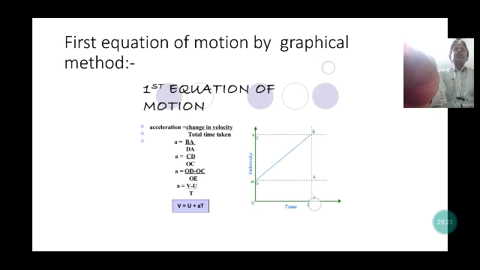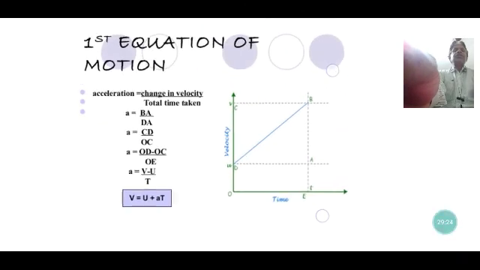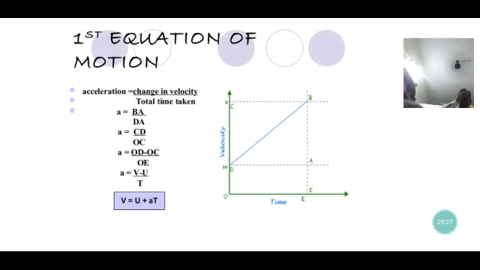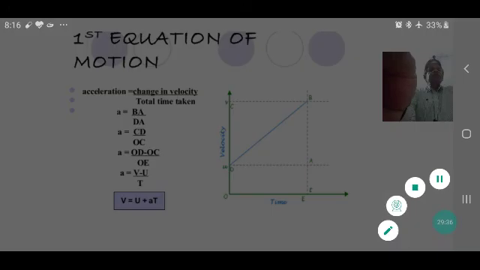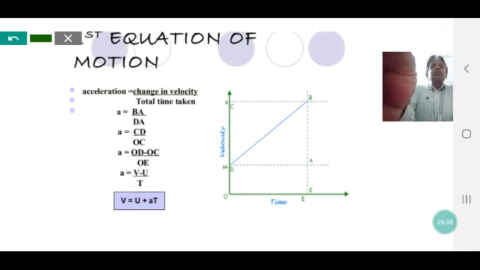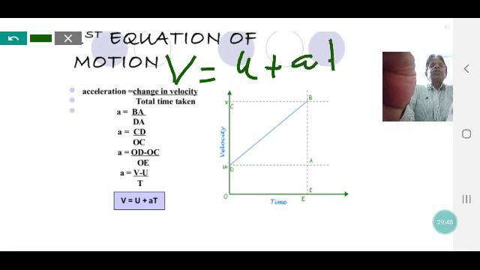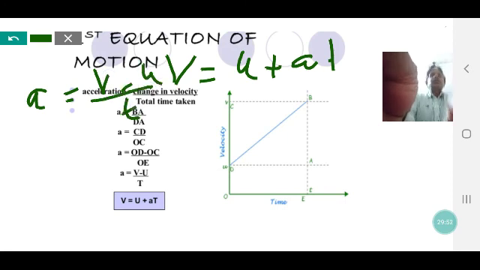In the next slide, on the basis of the velocity time graph, there are 3 important equations of motion that may be calculated. Here, the first equation of motion is V is equal to U plus AT, or we can also say A is equal to V minus U by T. A very important equation that will be discussed in this slide.